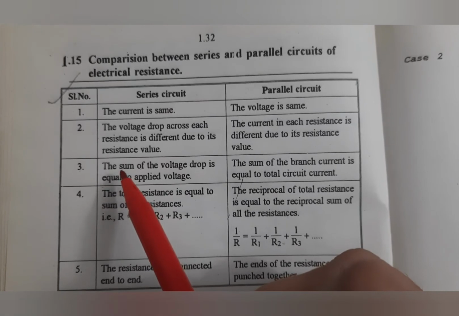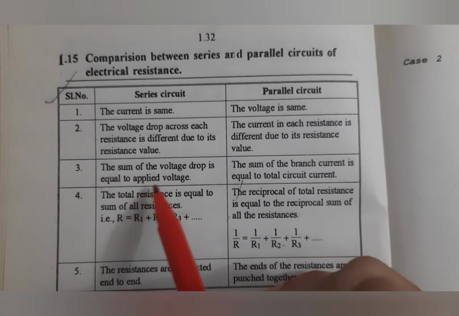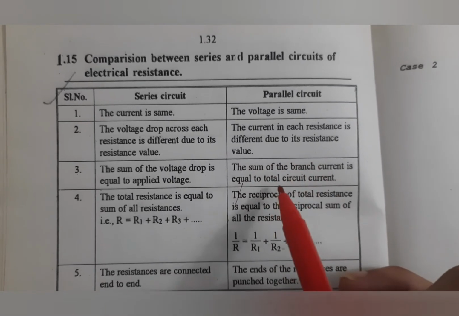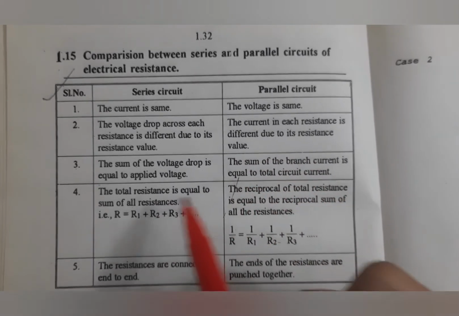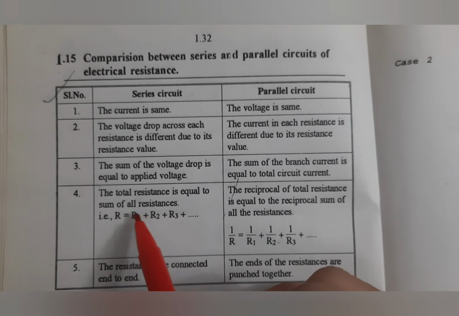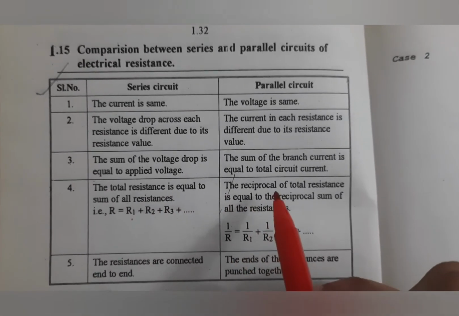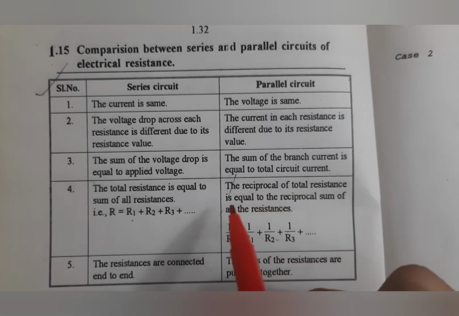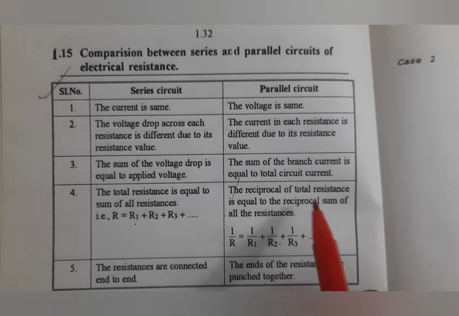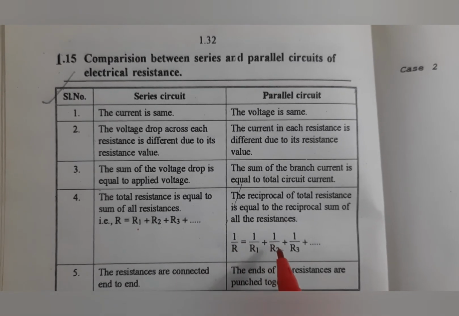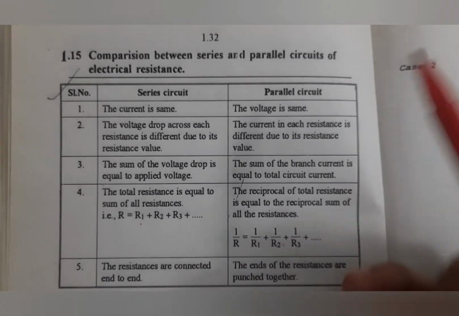In a series circuit, the sum of voltage drops is equal to the applied voltage, and in a parallel circuit the sum of branch currents is equal to the total circuit current. The total resistance is equal to the sum of all resistances, R1 plus R2 plus R3 up to n. And here the reciprocal of total resistance is equal to the sum of the reciprocals of all resistances, that is 1 by R is equal to 1 by R1 plus 1 by R2 plus 1 by R3, and so on.